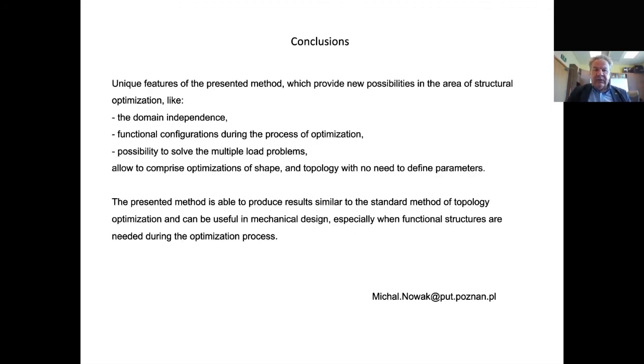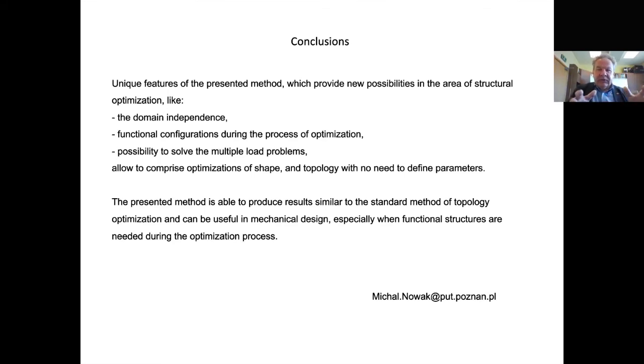What is also nice in this approach is the domain independence. In the standard approach to topology optimization, you have to assume the domain. If you change the domain a little bit, the whole process has to be repeated, because this 40% of the domain means that the volume, whether 40 or 50%, is an assumption.